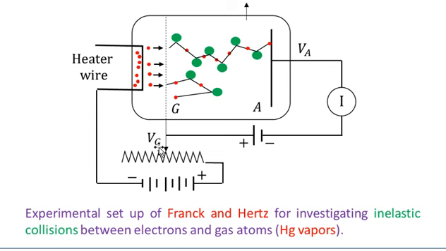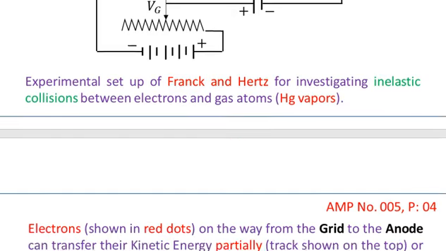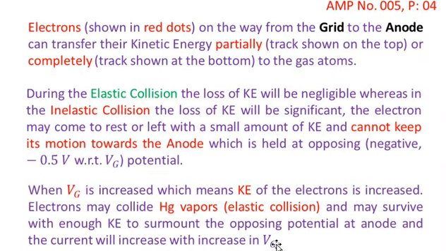So it means that there are discrete levels in the mercury atoms. All energy from the electrons is not accepted, only those energies from the electrons in terms of the inelastic collision which match with the excitation energy of the levels in the mercury, indicating that the mercury has discrete energy levels.